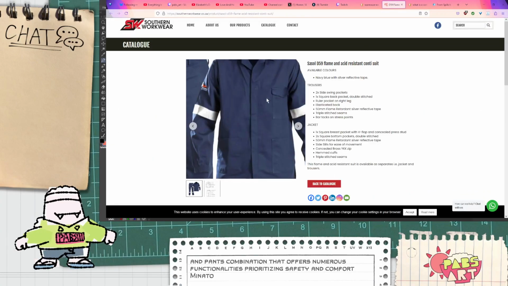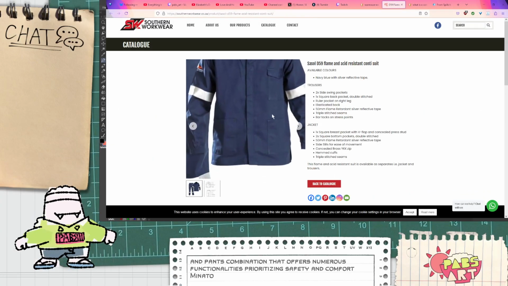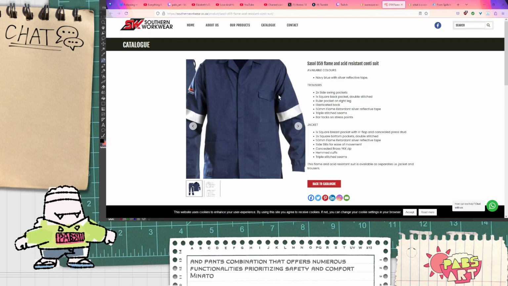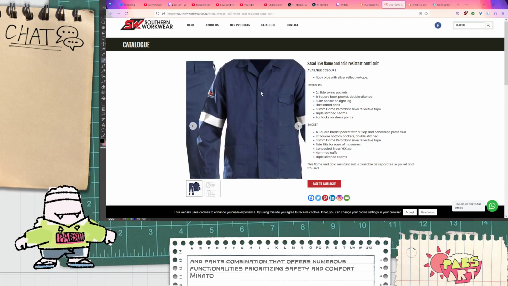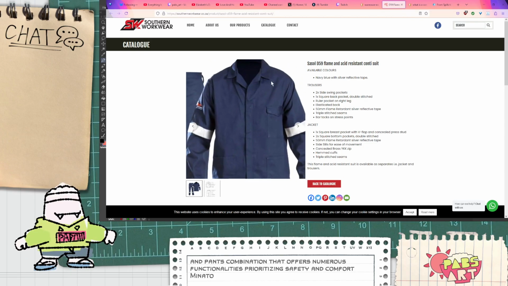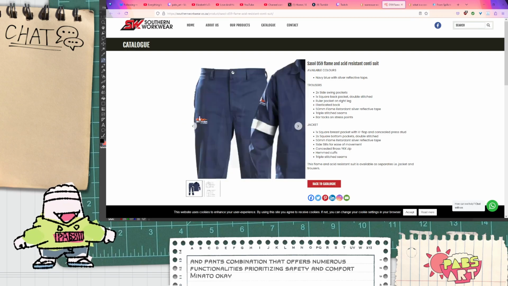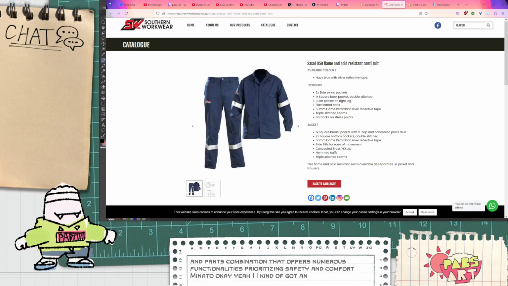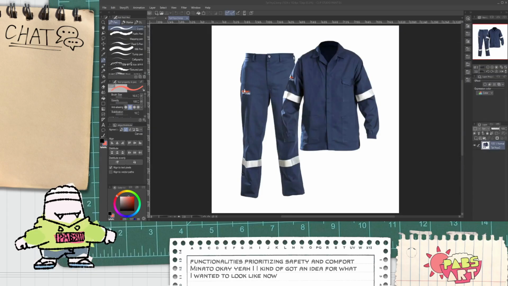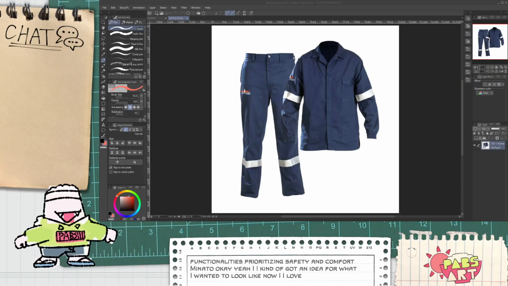Okay, yeah, I kind of got an idea for what I want it to look like now. I love this outfit, the Conti suit.